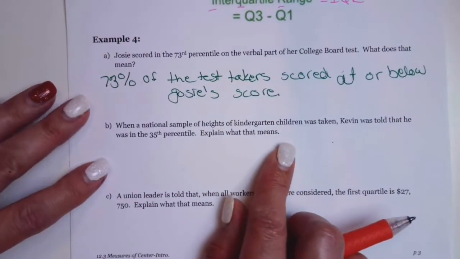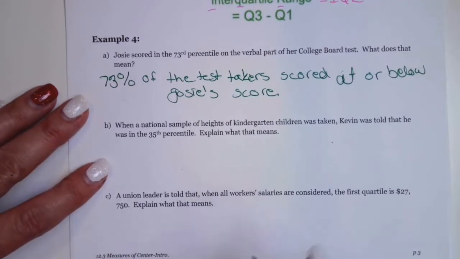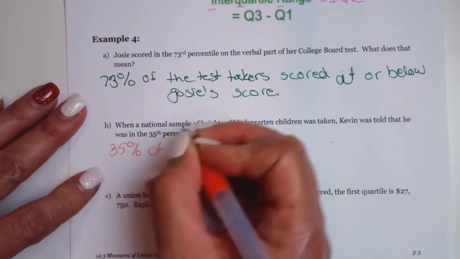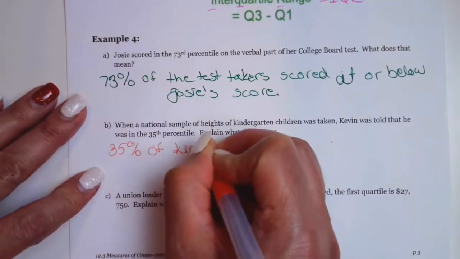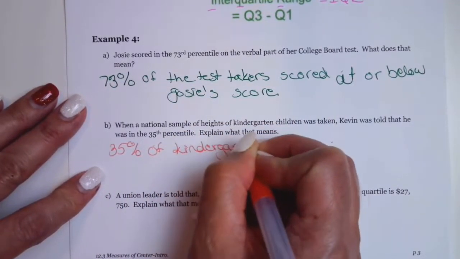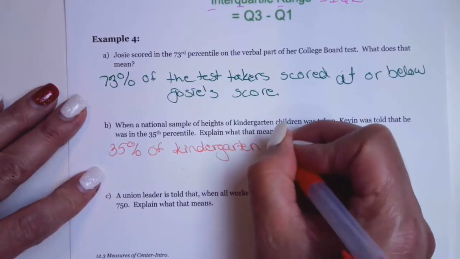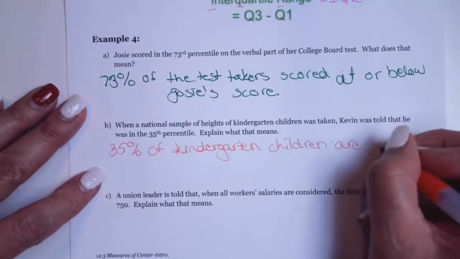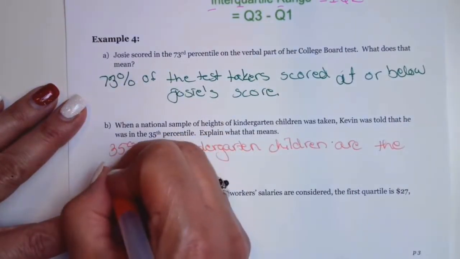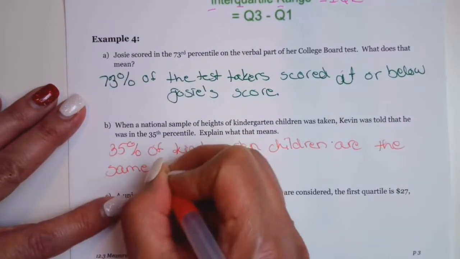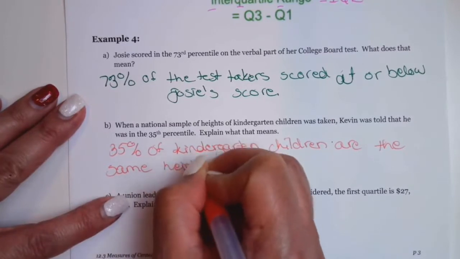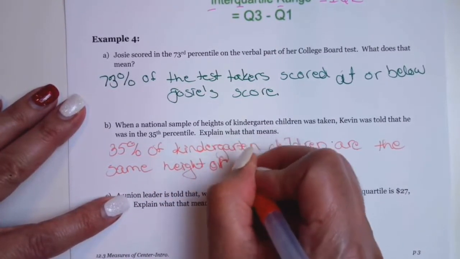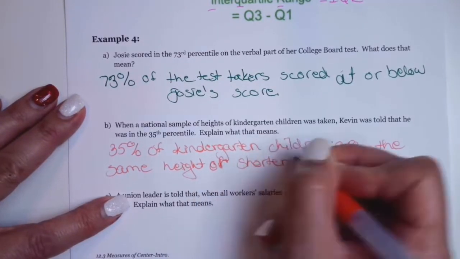Explain what that means. So this means that 35% of those kindergarten children that they had the data from are the same height or shorter than Kevin.